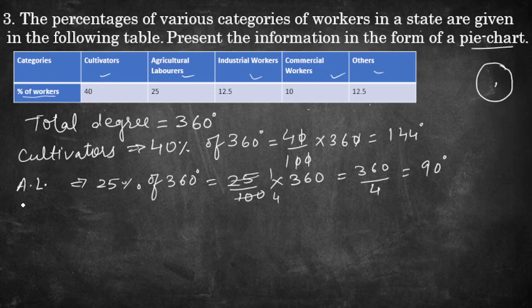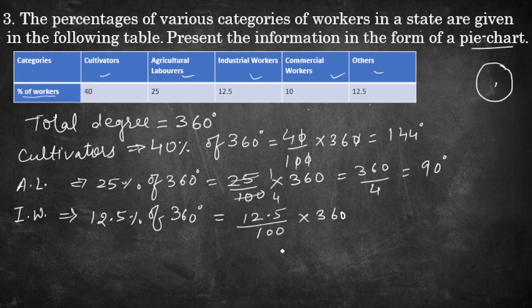Next is industrial workers. So degree is 12.5. So 12.5 percentage of 360 degree. So 12.5, when you remove percentage sign, 100 will come down, off means multiply 360.